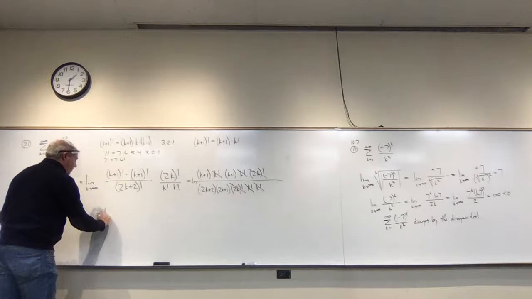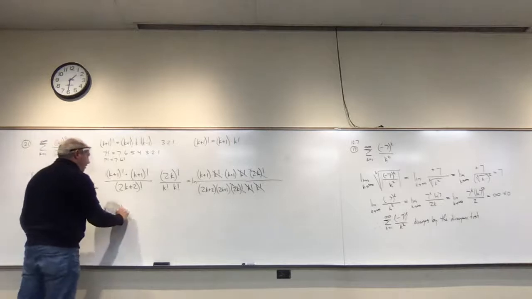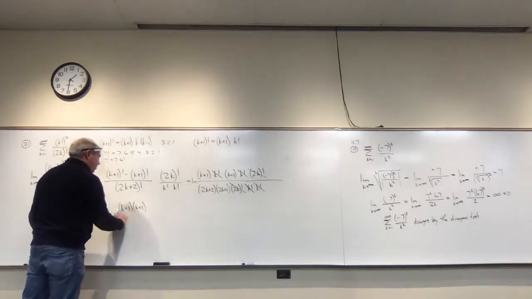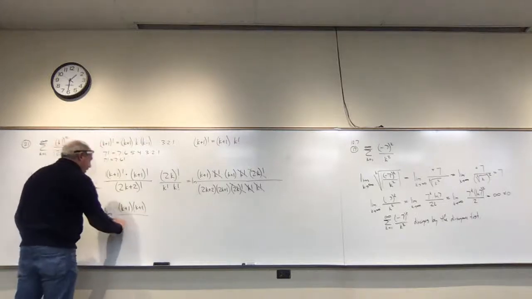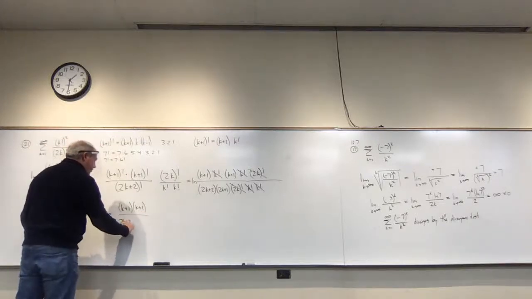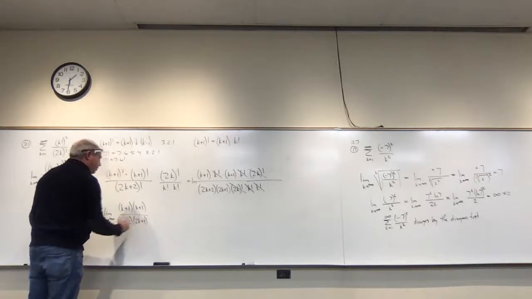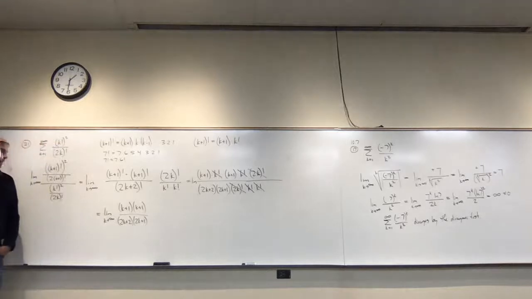And now I have the limit as k goes to infinity. On top, I still have k plus 1 times k plus 1. On bottom, I have 2k plus 2 times 2k plus 1. And what is that limit?